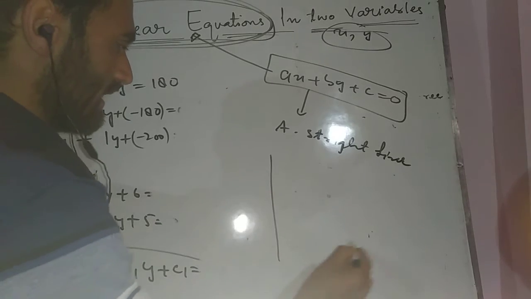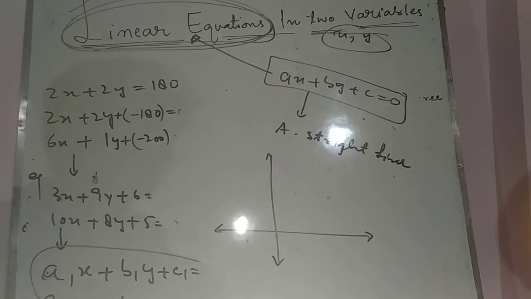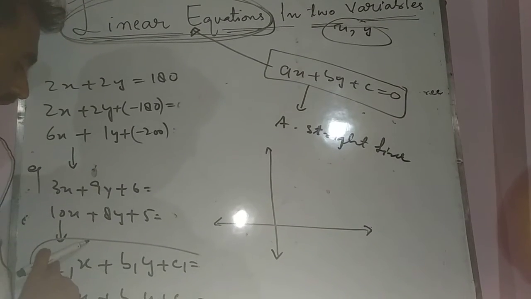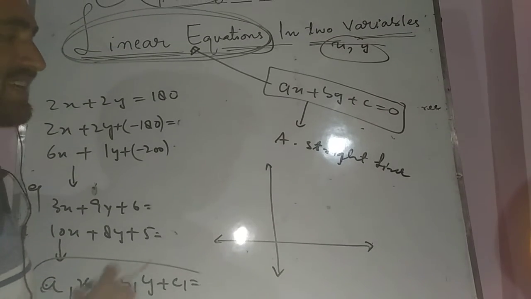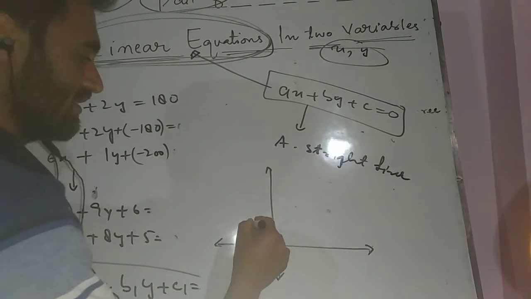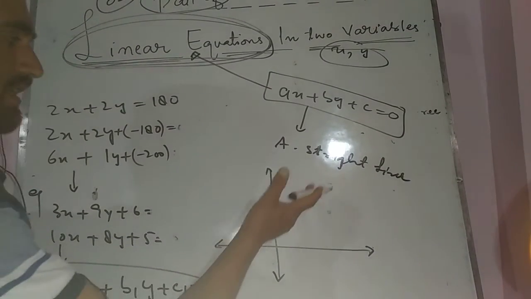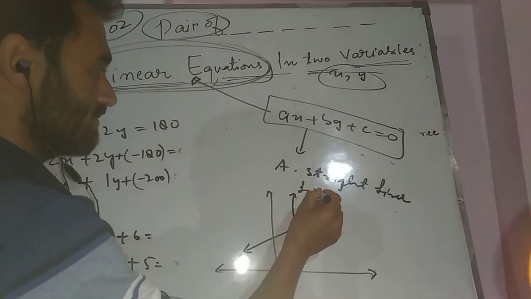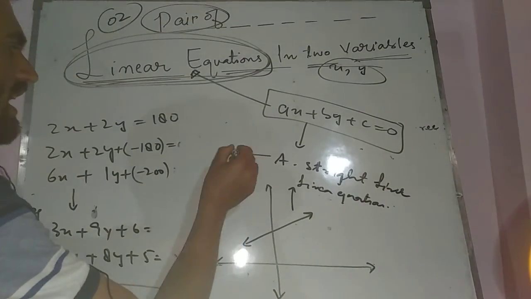Let's suppose this is a plane. A linear equation can be in any quadrant, depending upon a1, b1, c1, a2, b2, c2, as well as the variables. Sometimes it may be in the first quadrant, the second, or any quadrant. Let's suppose this is one of the linear equations in two variables, or simply a linear equation. A linear equation in two variables represents a straight line.